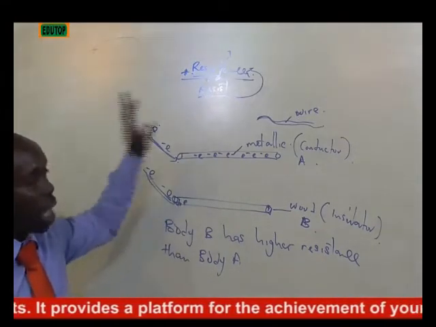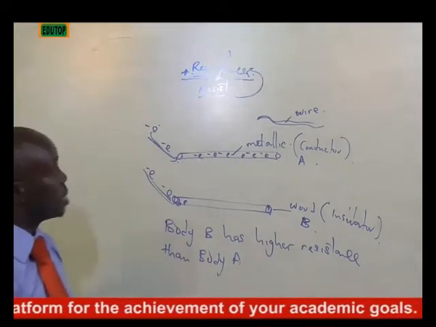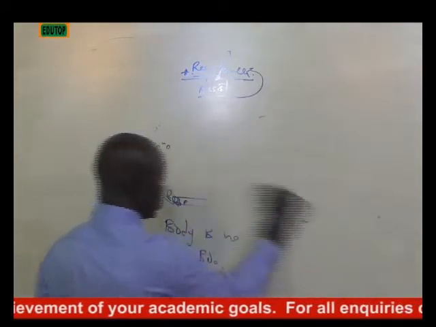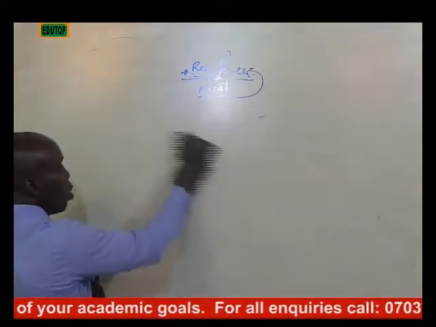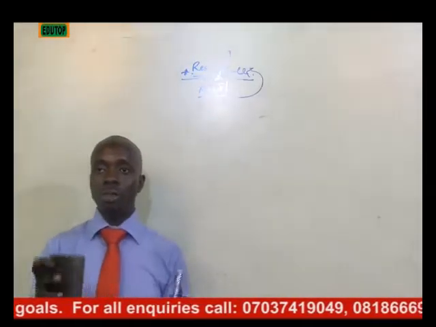So with these two analogies now, I think the meaning of resistance has actually been gotten. Now let's proceed to the graphical representation of resistance when it comes to your electrical circuit.